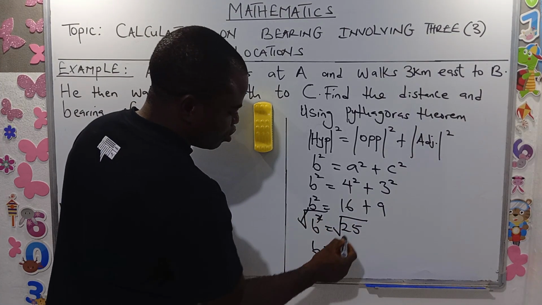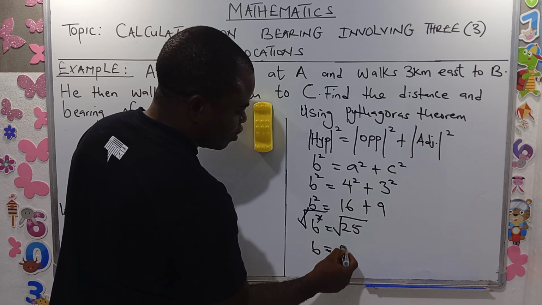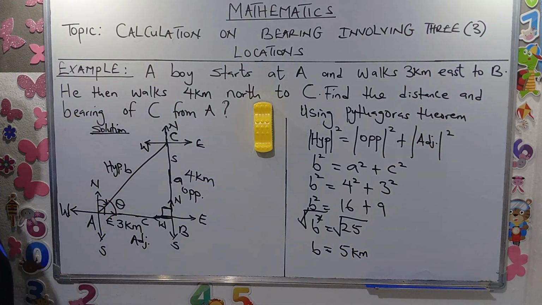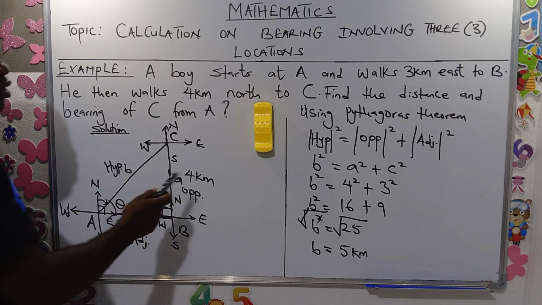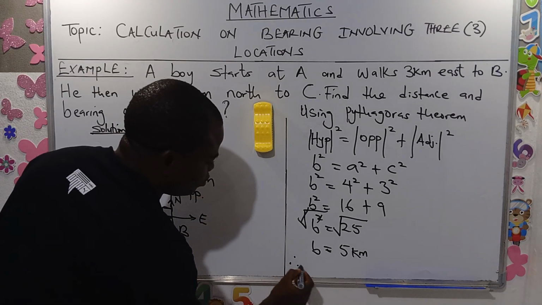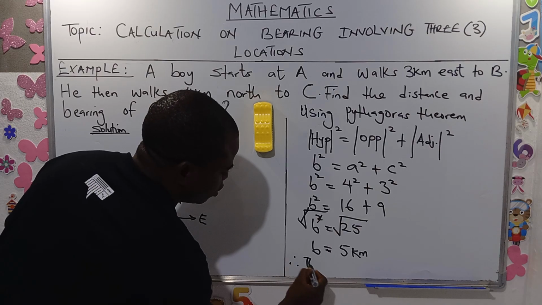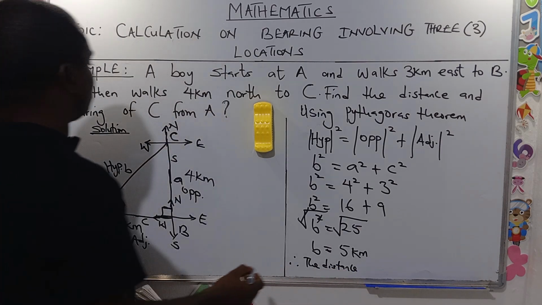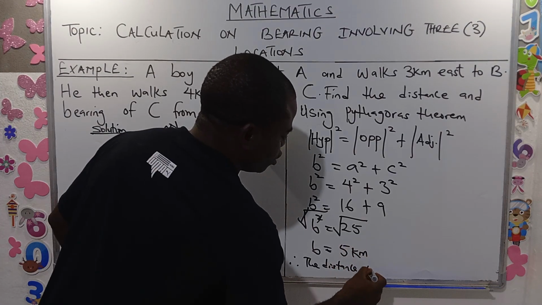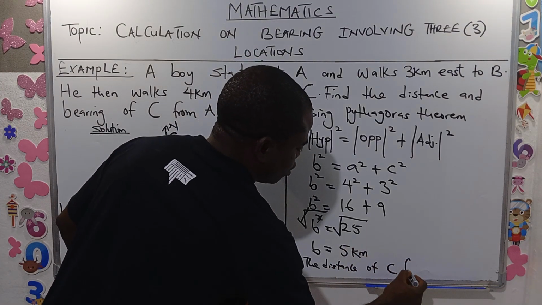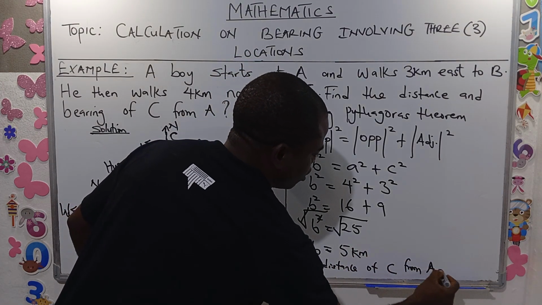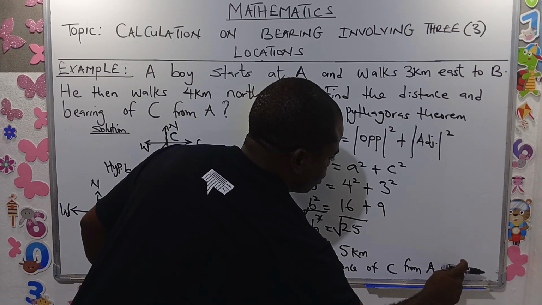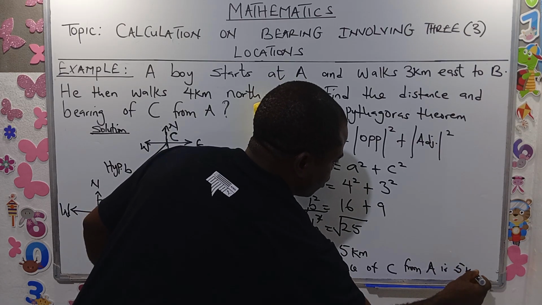Now b equals the square root of 25, which is 5 kilometers. Therefore the distance of C from A is 5 kilometers.